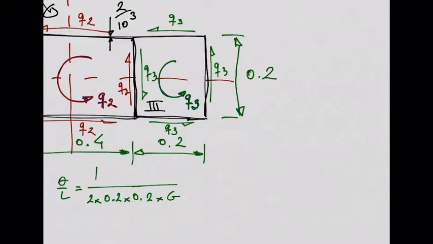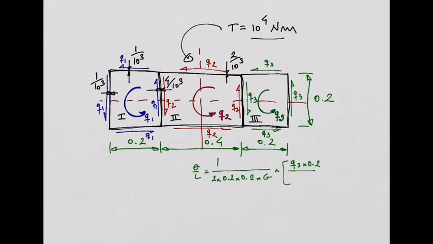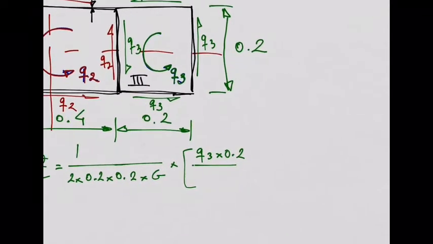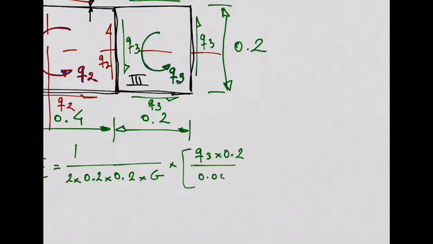Did I put modulus? Yeah. Contour integral now. We can start with this wall here in the bottom, for example. Q3 times 0.2 over the thickness, which is 0.001.